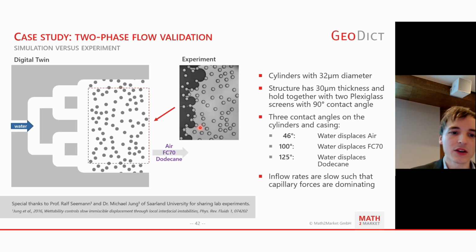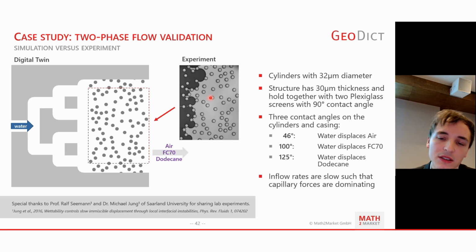We have also validated our method with an experiment from the University of Saarland with a group from Professor Ralf Scheemann and Dr. Michael Young. What we did is build a digital twin of the 2D experiment they had in the lab. The experiment consisted of cylinders with 32 micrometer diameter. That is the round things you can see here within the structure.